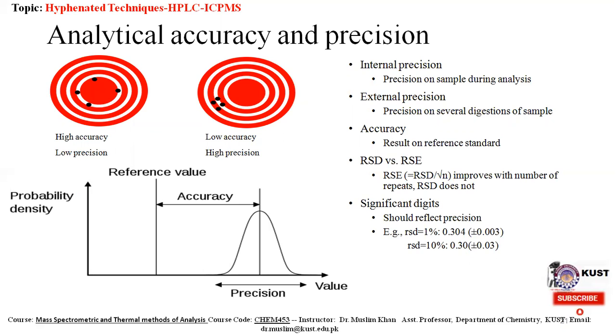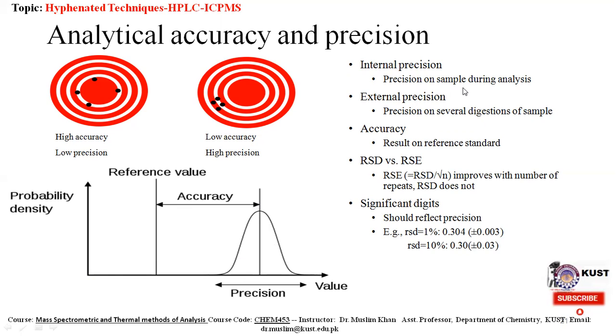How close this average value is to the reference value is accuracy, and how close these different points are to each other is precision. As an analytical chemist, you must have both accuracy and precision, both very good.